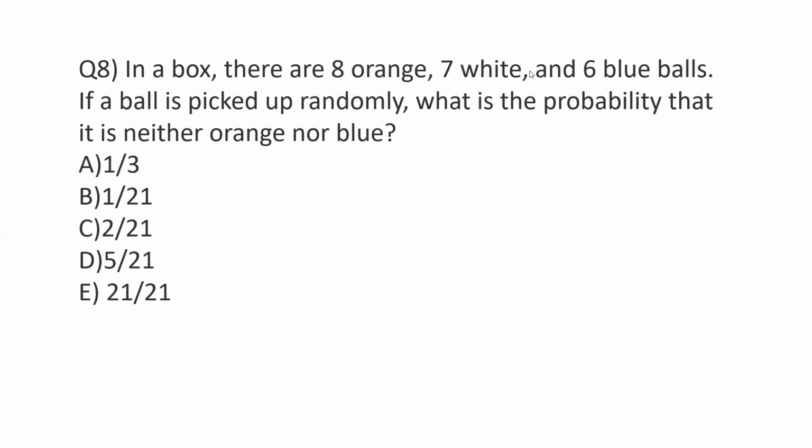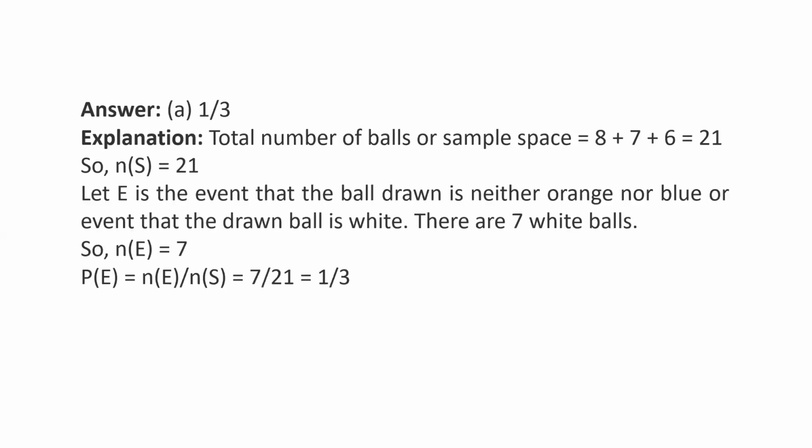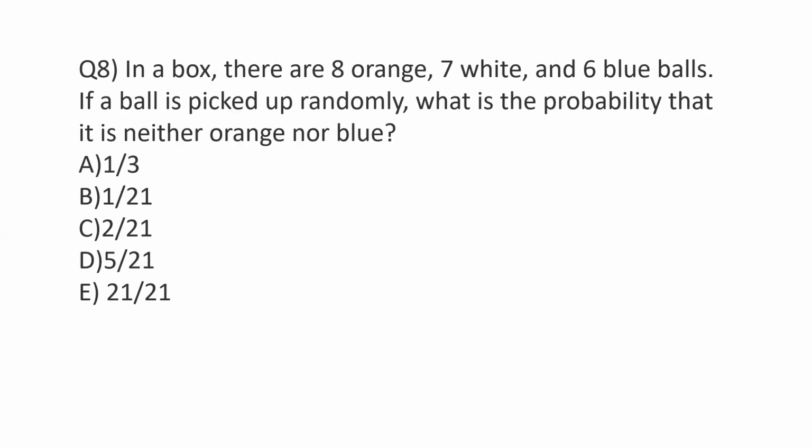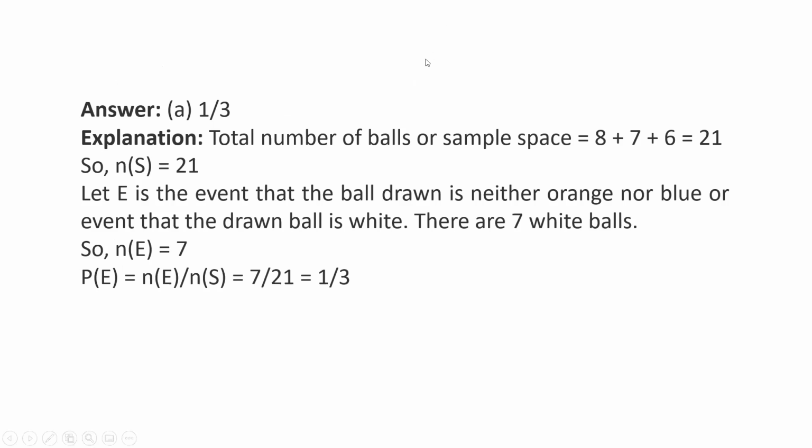In a box, there are 8 orange, 7 white, and 6 blue balls. If a ball is picked up randomly, what is the probability that it's neither orange nor blue? We will use the sample space formula, and the total sample space would be 21.